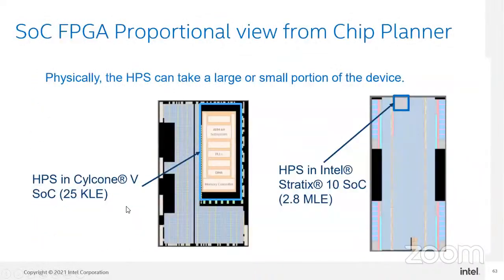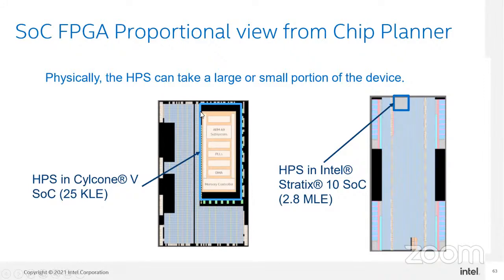Right? What is the proportion of logic? If you see, the hard processor system can take a smaller portion of the device. This I will show you while showing the demo. When you check the hard processor system in the Cyclone 5 device, you can see that most of the FPGA section is occupied by the hard processor system. Because if this is the FPGA chip, and this is the place allocated for the hard processor system, it is fixed.